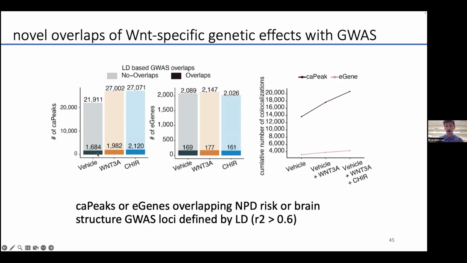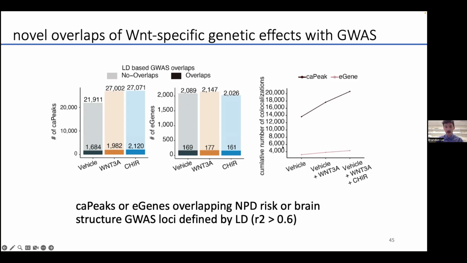And in the solid colored bar down here, we're looking at the number of those peaks that actually showed a close LD-supported overlap with a GWAS. We considered lots of GWAS traits, mostly structural brain traits and neuropsychiatric disorder GWAS traits.